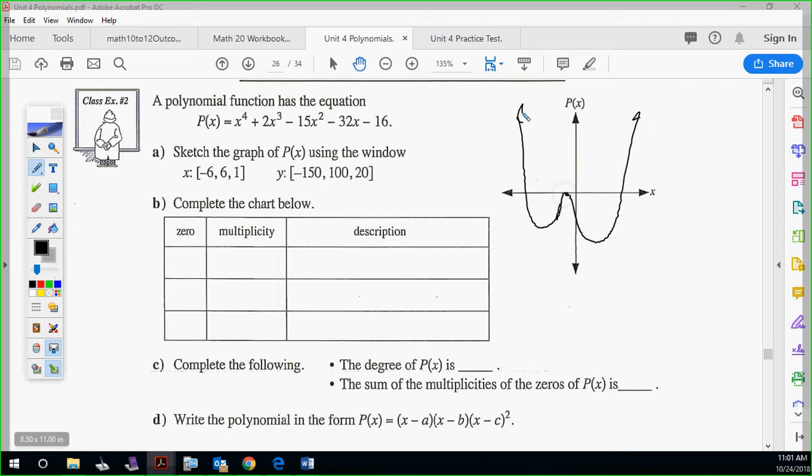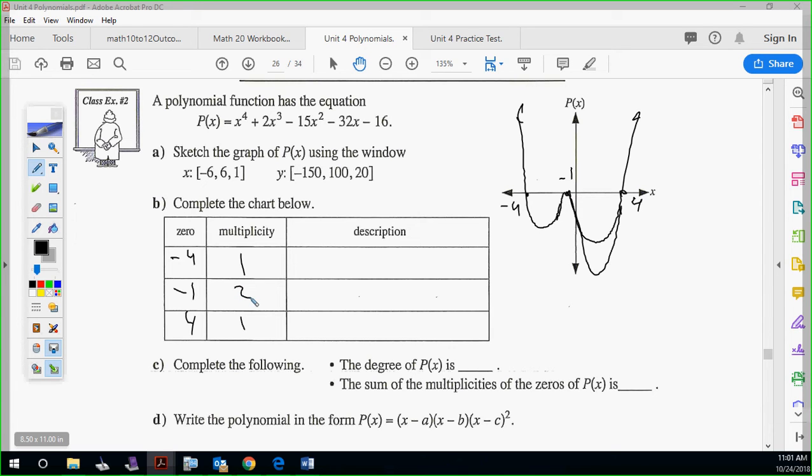Okay, it's a little bit lower here. So there's your 4. That's your negative 4. This is happening at negative 1. So your zeros are negative 4, negative 1, and 4. So we see, like I told you, the multiplicities of these ones are 1 because it goes straight through. This one's a 2 because it bounces.